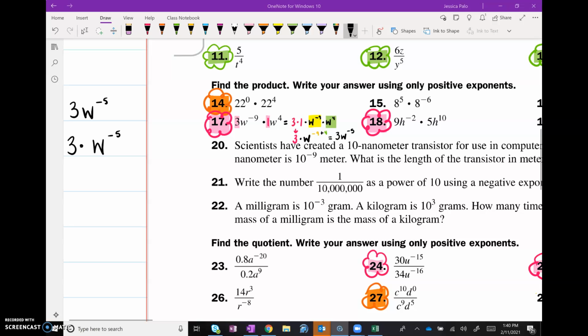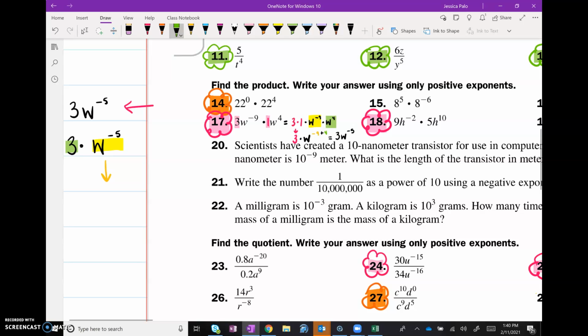Let's go over your answer to see if you were correct. We started with 3w to the negative 5th power. I want to separate it, so I have very clearly 3 times w to the negative 5th power. 3 does not have a negative exponent, but w to the negative 5th does. 3 gets to stay put, while w to the negative 5th goes down into the denominator.